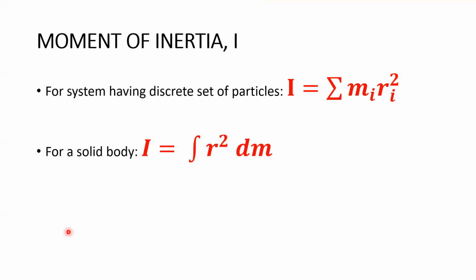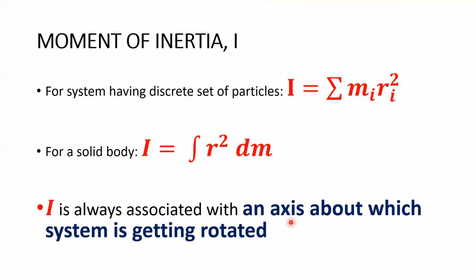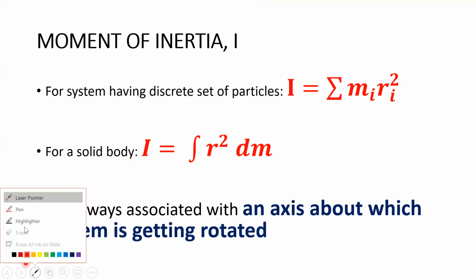Like we discussed, the moment of inertia I is always associated with an axis about which the system is getting rotated. So this is very, very important. Usually all problems have this, so just keep in mind.